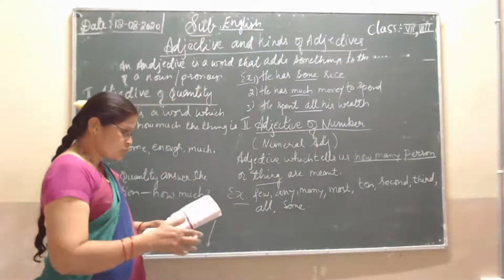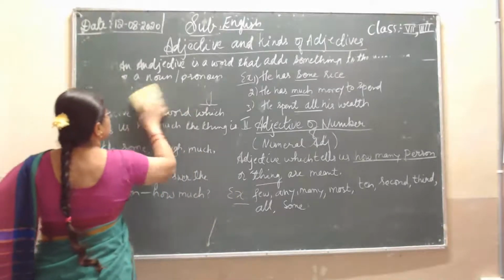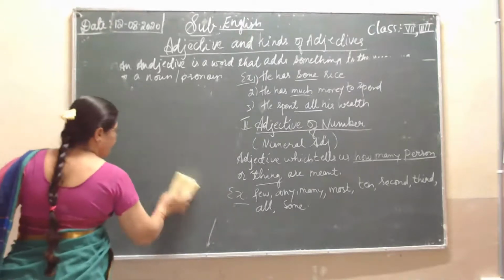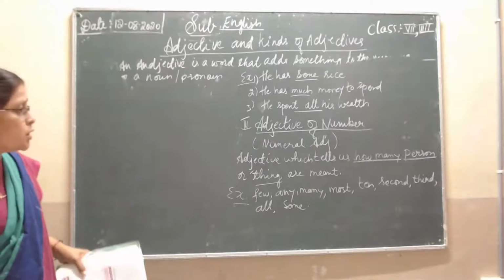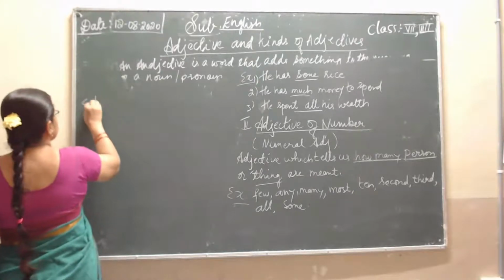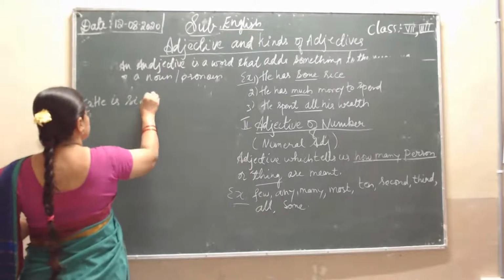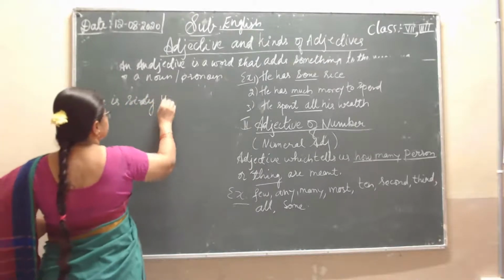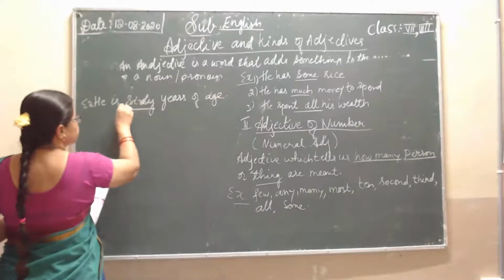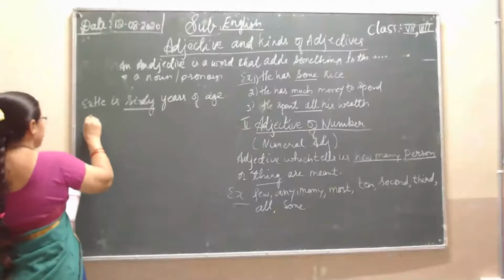Apart from this, I will give you some sentences also. First example is, he is 60 years of age. So this 60, exactly, there is a number here. So this 60 is an adjective of number.